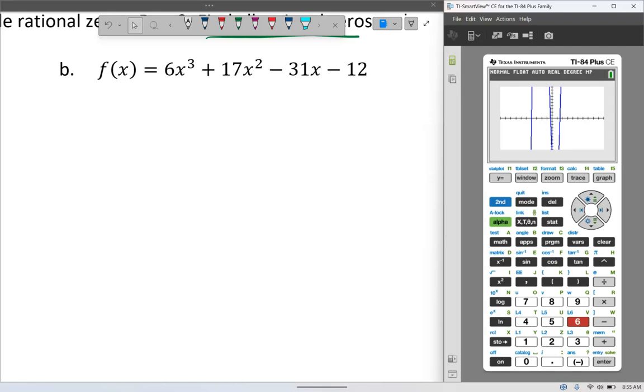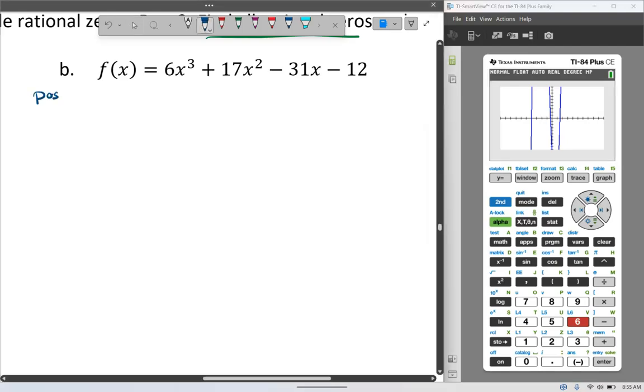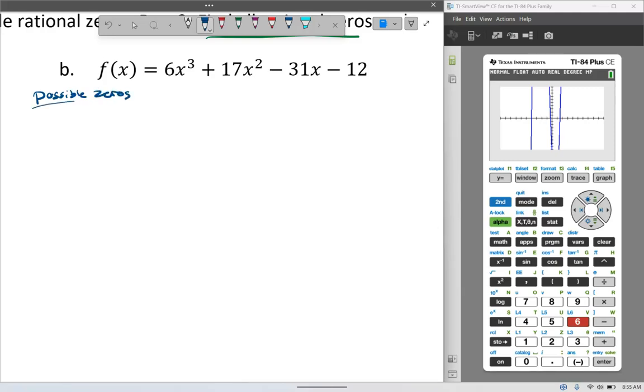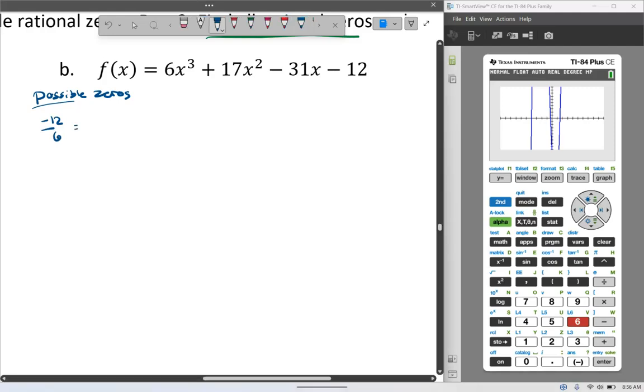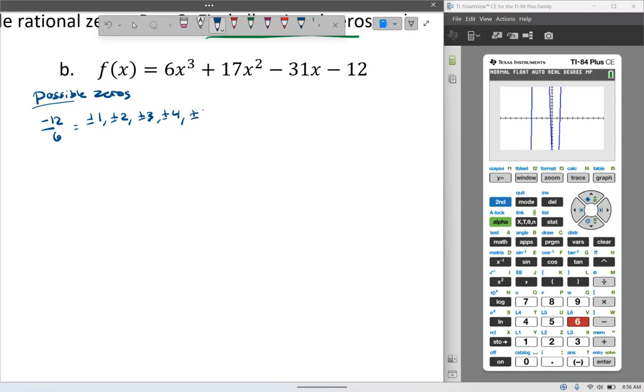So let's take a look at our possible zeros first to see what our best options will be. So we've got P over Q. Factors of 12 include positive 1, 2, 3, 4, 6, and 12.